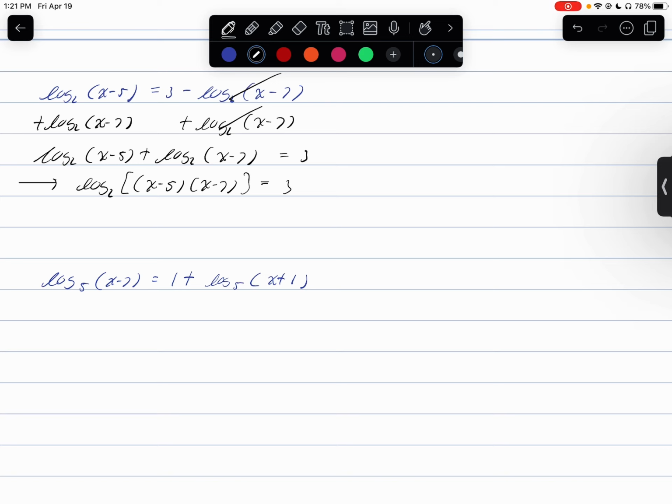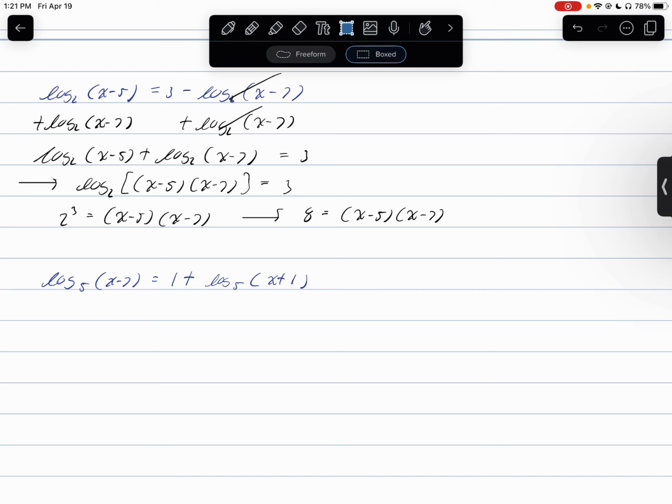So we have then, from our log rule, 2 to the 3 is equal to x minus 5 times x minus 7. Or we have 8 is equal to x minus 5 times x minus 7.